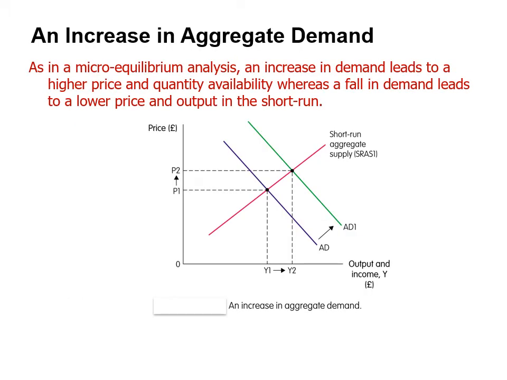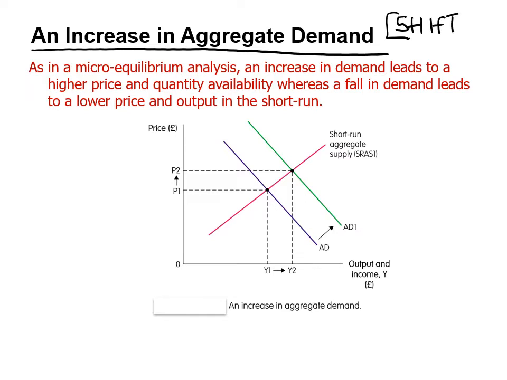Now that we've talked about the aggregate demand and we've covered the aggregate supply, we've also discussed equilibrium in the economy. Let's see what happens if we have an increase in aggregate demand. In other words, if our aggregate demand curve shifts to the right. So if we have a shift here, what happens?